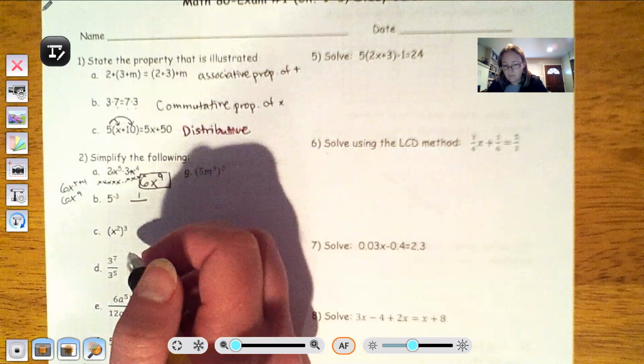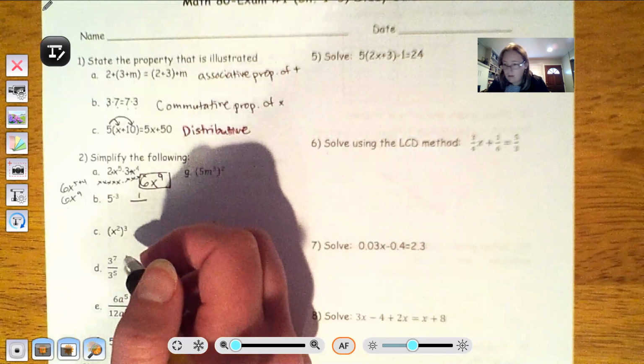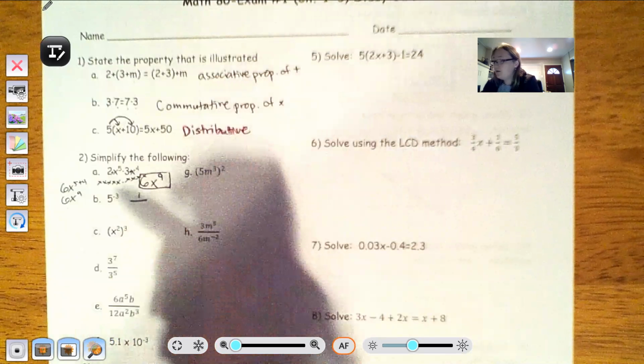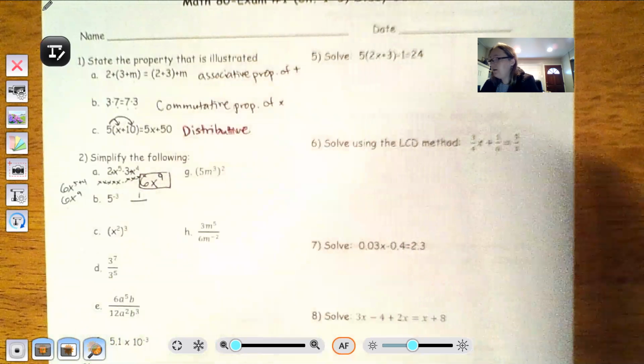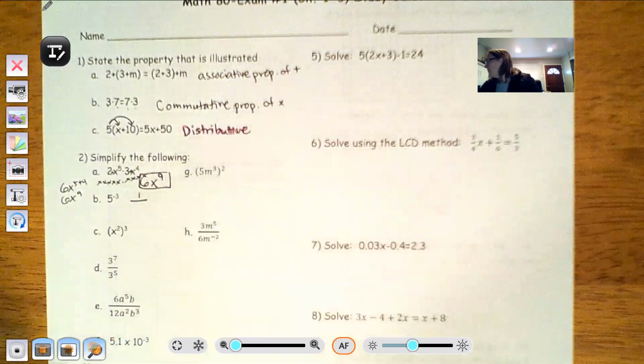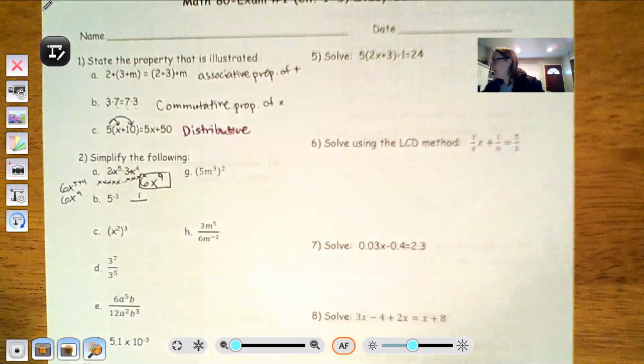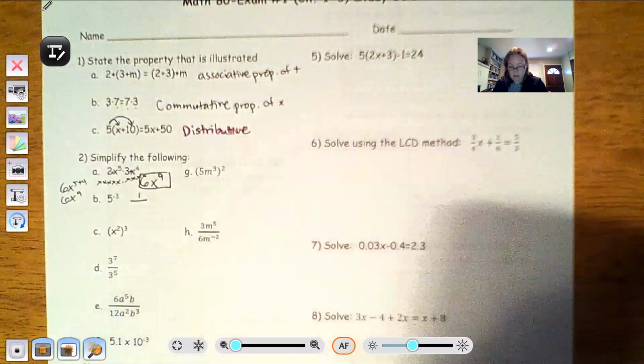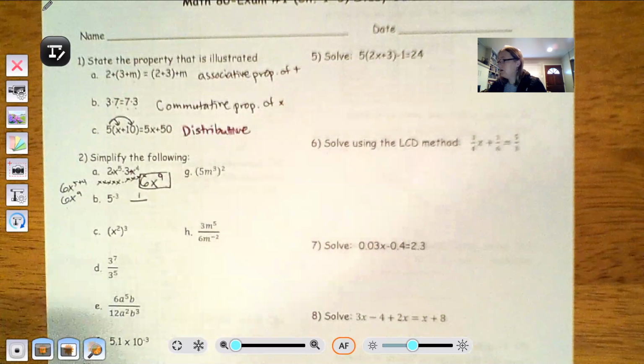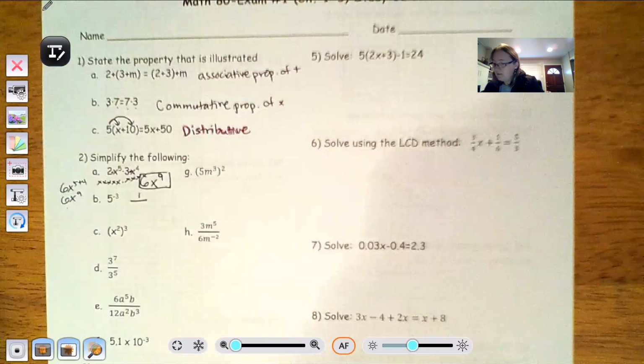I don't know how to clear it off of the graphs. On the TI-89? So on the TI-89, you're going to hit the home button. Okay, there we go.